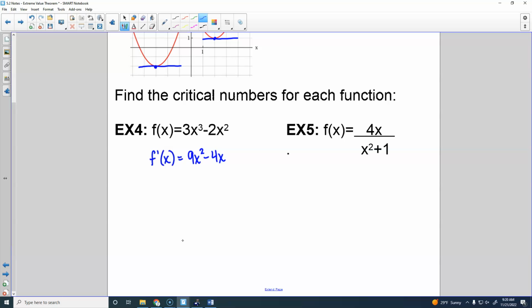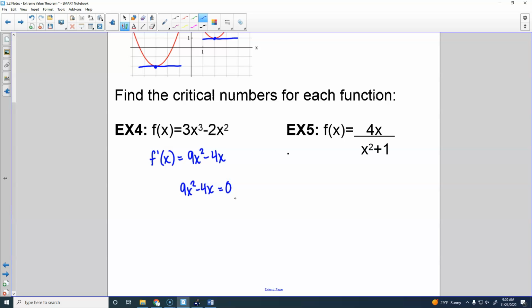Is that ever going to be undefined? It is not. Undefined would be negatives under square roots, zeros in the denominator of a fraction, or natural logs of non-positive numbers, but typically fractions. We don't have fractions here. So we're just going to take 9x squared minus 4x and set it equal to 0.